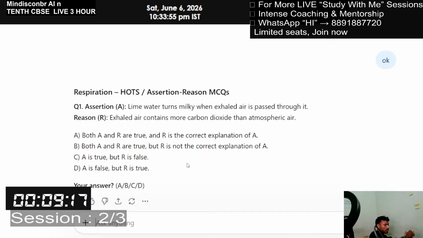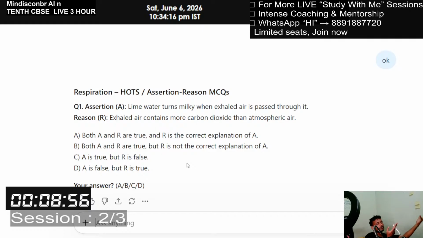Yes, that is true. That's why we did one activity by blowing into a test tube containing lime water, and injecting air into another test tube containing lime water. Which test tube turned milky faster?